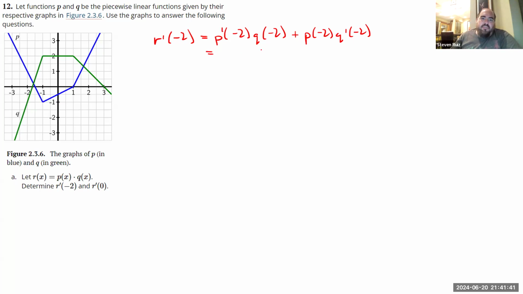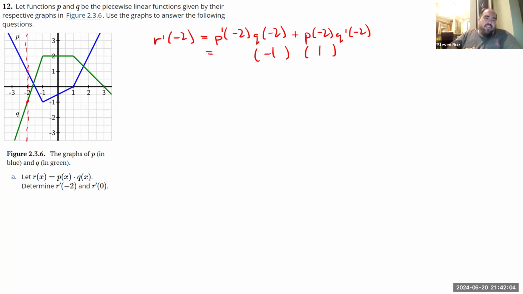So let's fill in what Q of -2 and P of -2 are. So at x equals -2, Q is the green graph. Looks like it has a y value of -1. And P of -2, the blue graph looks like it has a value of +1.